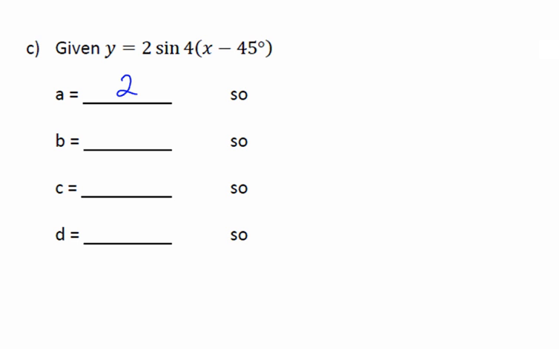Okay, next guy, A value. 2, B is 4. Now, we're comparing it to the formula A sine B times (x minus C) plus D. So what's my C value? 45. Okay, and D would be 0. Good. So here, amp is 2.